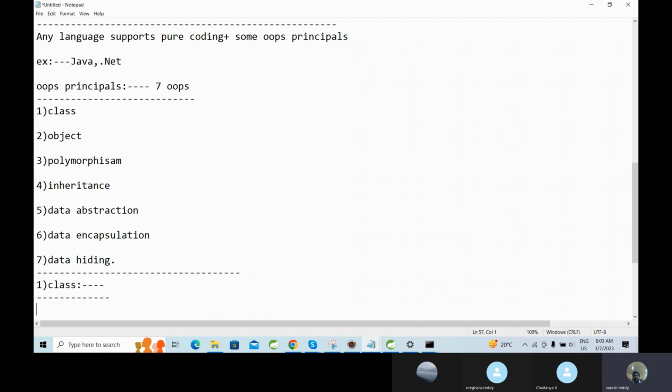Class is a collection of variables and methods. Please remember, it is very, very important. Class is a collection of variables and methods only.